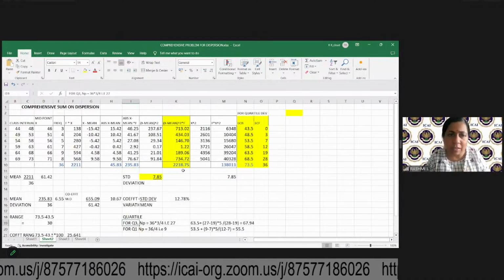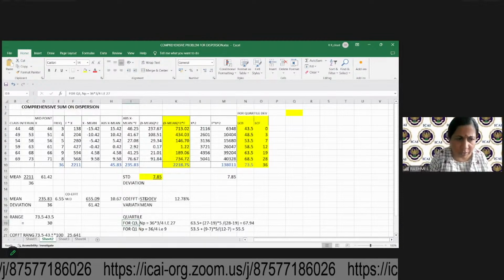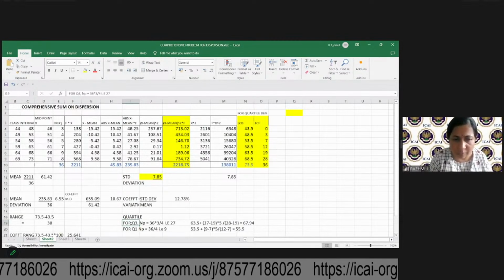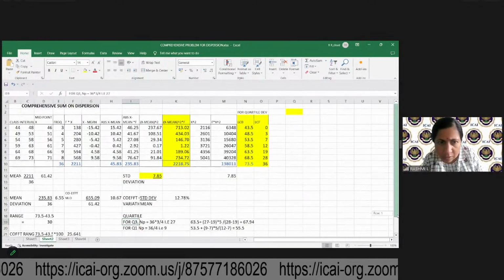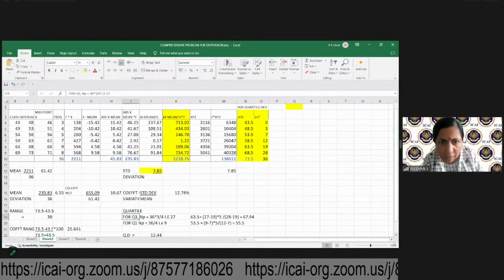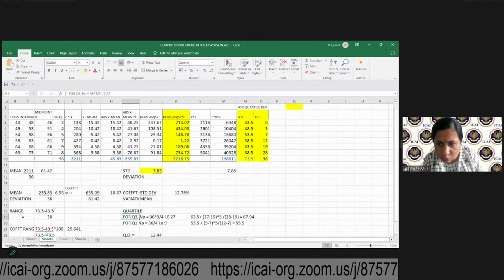So here, in this question, you are asked Q1 or Q3, whatever is asked here. For example, if I'm trying to take Q3, it's the same data that is for 36 students.